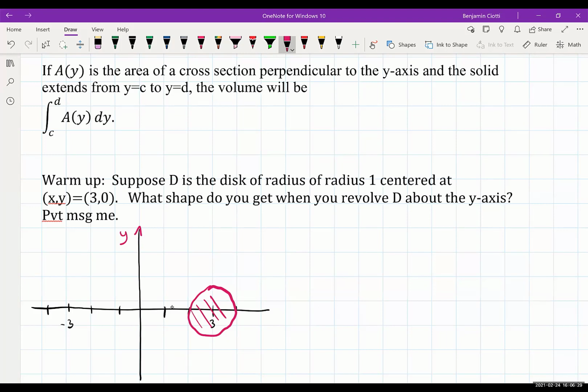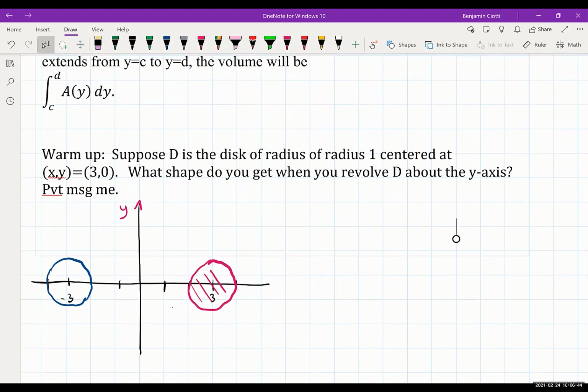It might help to draw its mirror image on the other side of the y-axis, which in this case would be a disk over here. It's often useful in drawing the picture. Juliana? We're assuming that the disk is perpendicular to the x-axis, correct?